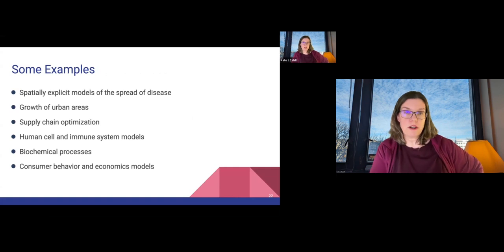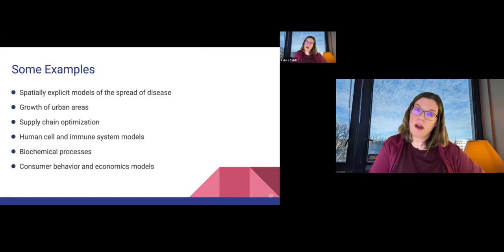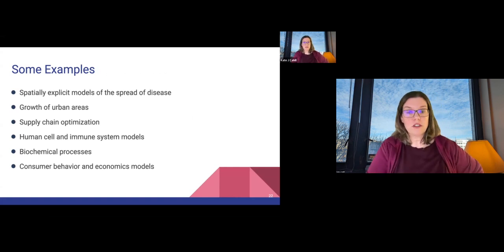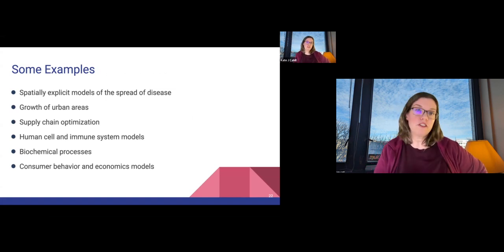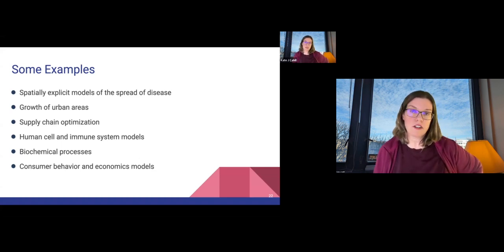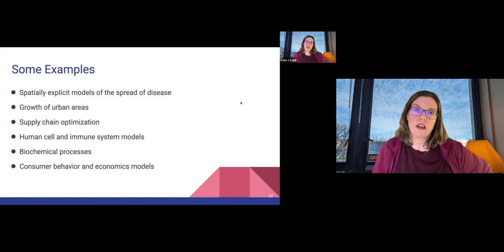So you can do spread of disease modeling in systems models as well. But with agent models, you can look at what the effect of changing something in space would have on the different agents. So can you keep agents apart by having different spatial characteristics?